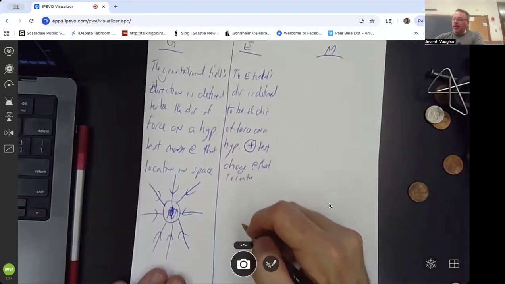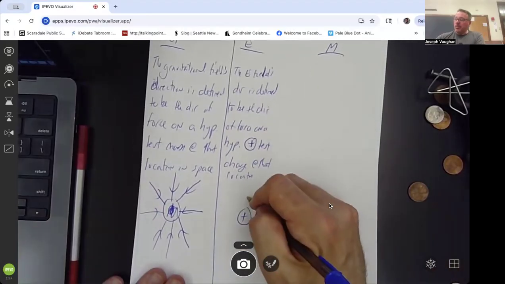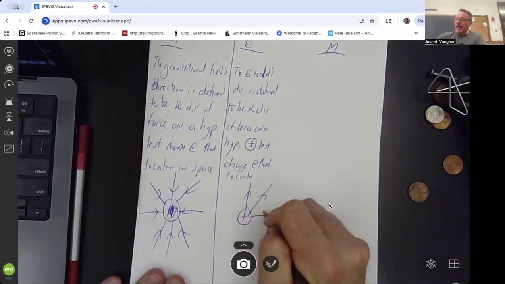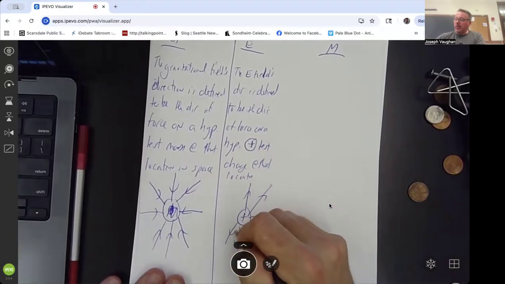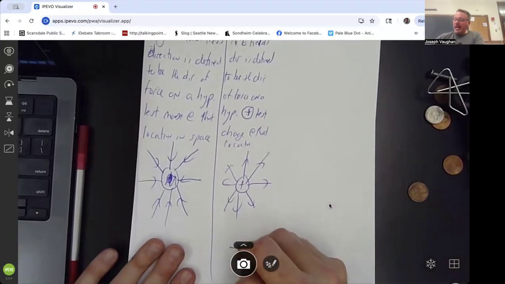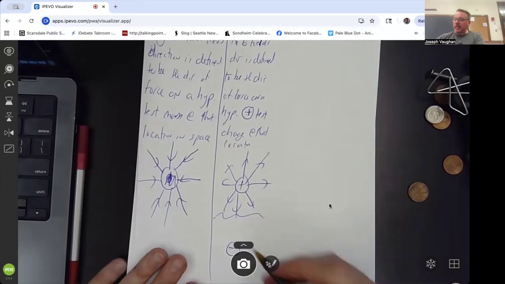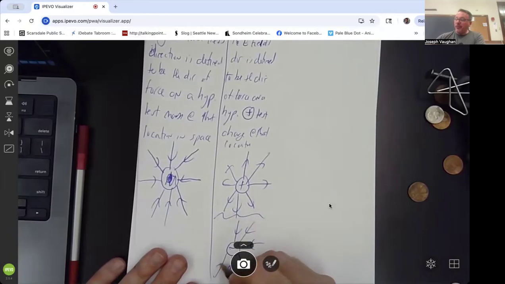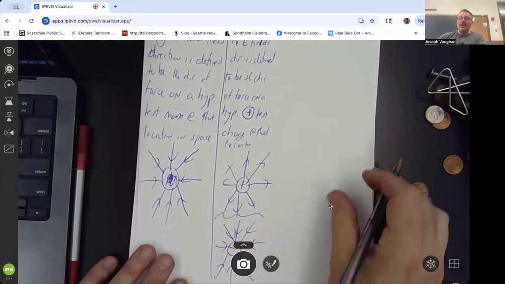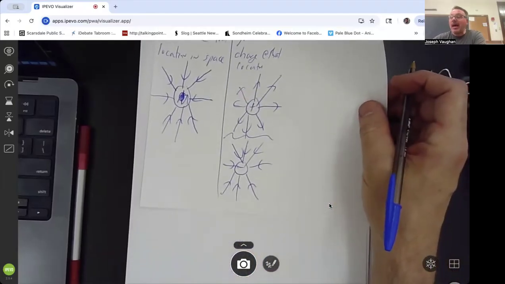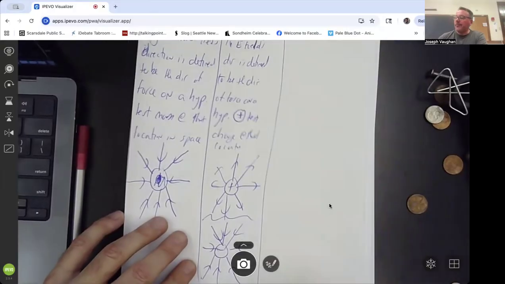Okay, which is why if I had a positive thing in the center, a little positive thing there, this is what would happen, right? And we saw then that if I had a negative thing in that same space, the field would all be radially inward. Okay. But the force on a positive test charge is how we defined the electric field.